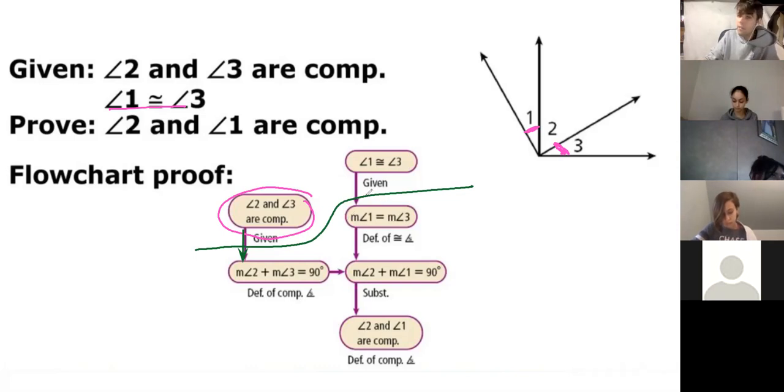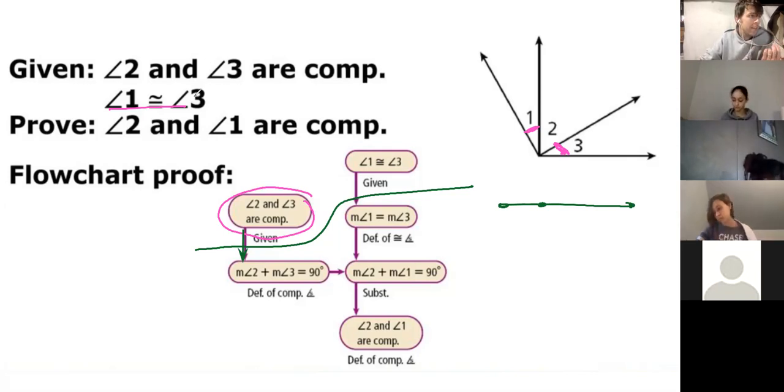So givens are obvious, they are stated for us. But some things that we might infer from the picture would be like if we had a segment like this and we were writing a segment addition postulate equation. That would go up here because the picture is actually sort of like another piece of given information.